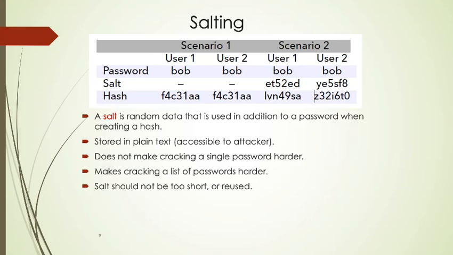It should be hard enough as is, but it makes cracking a list of passwords harder. Because the attacker can't find commonly used passwords by comparing identical hashes, because there shouldn't be any identical hashes, even though there are identical passwords, like you see in that example there in the table.